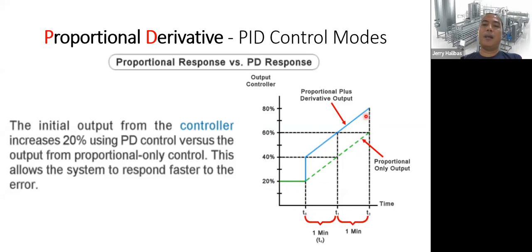So 60 is easily achieved. Based on the time shown here, it's possible to achieve 60% in just 1 minute.